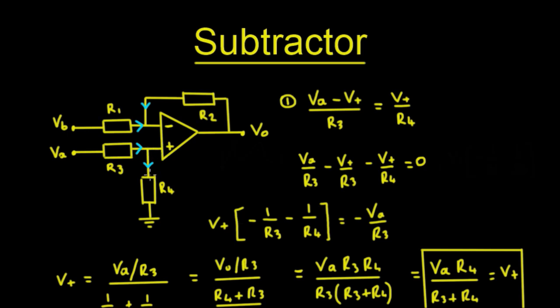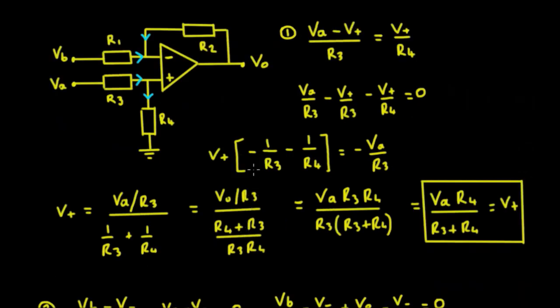So that current must equal V plus minus 0 upon R4, which is just what we've got here. So we'll take this V plus across and gather the like terms. We take out the common factor V plus, which leaves us with minus 1 upon R3 minus 1 upon R4, and we'll take the other term across to the other side. It's minus VA upon R3.